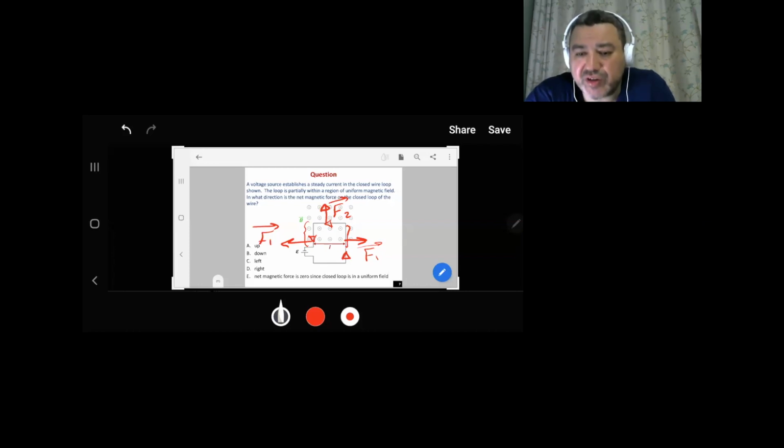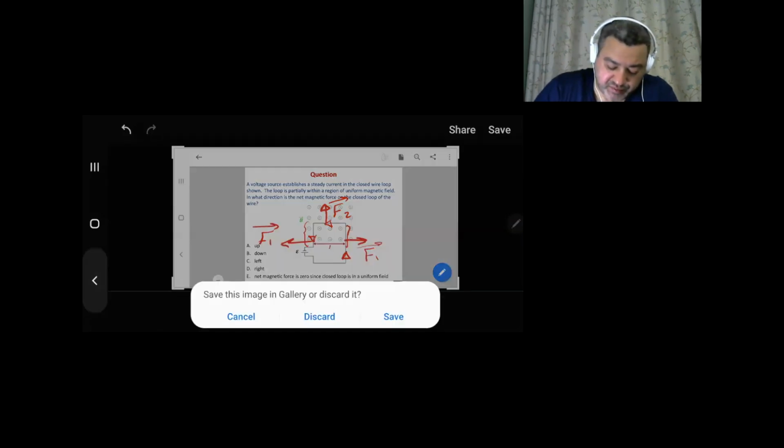The positive direction of the current is opposite to the direction of the electrons. Okay. Yes. Okay. So this is how we do it.